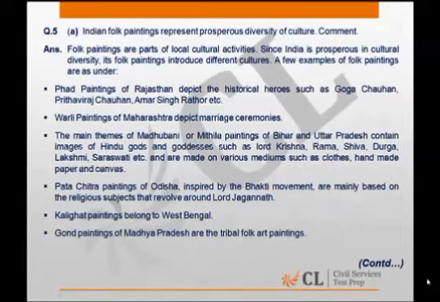Whether it is Madhubani painting of Bihar, the Phad painting of Rajasthan, different tribal paintings, Patachitra paintings of Odisha, Kalighat paintings of Bengal, Gond and other tribal paintings.